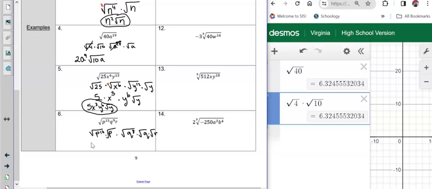So that's 14 divided by 2 is 7, so p to the 7th power, and then 8 divided by 2 is 4, so q to the 4th power. So I finished all my perfect squares, and then I'm going to put the rest of them together. So I'm just going to say p, this q, and then this r. There you go.